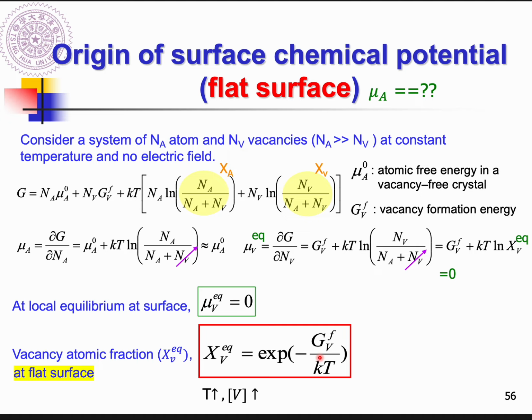But here, the atoms we talk about are on the flat surface, right? But in the capillarity effect, the materials we have have a curved surface. So I'm going to ask you, if I want to get the atomic fraction of vacancies on the curved surface, which parameter or which term needs to be modified?